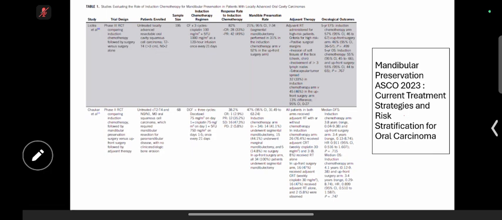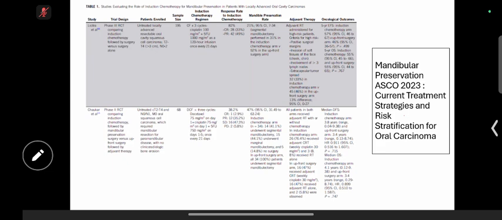The regimen included docetaxel 75 milligram per meter square on day 1, cisplatin 75 milligram per meter square on day 1, and 5-fluorouracil 750 milligram per meter square on days 1 to 5, once every 21 days.